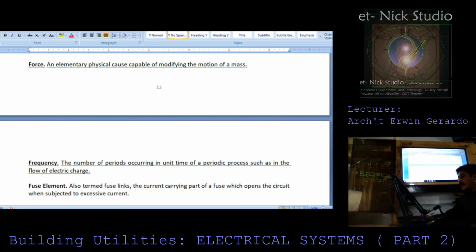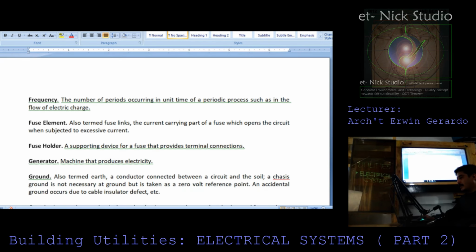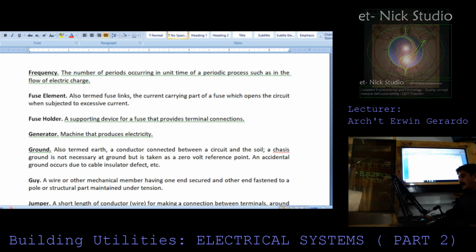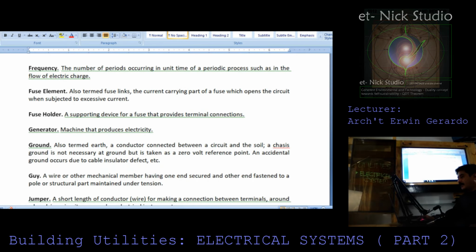Force is an elementary physical cause capable of modifying the motion of a mass. Frequency, the number of periods occurring in unit time of a periodic process, such as in the flow of electric charge.